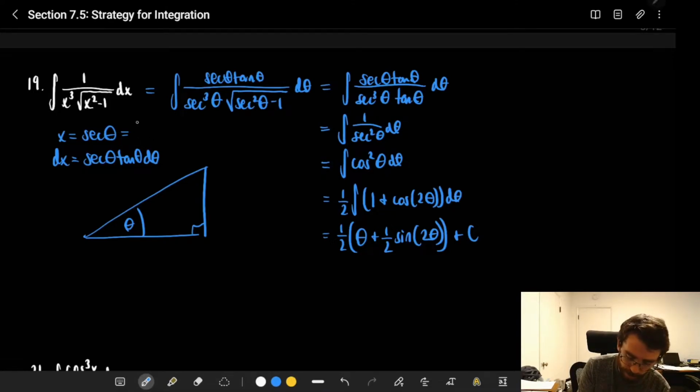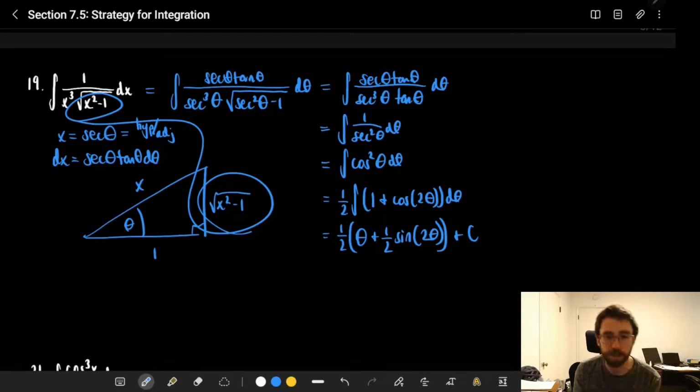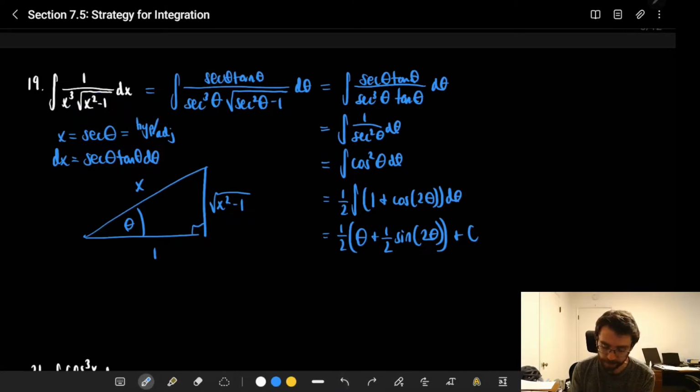So this should be the reciprocal of that, hypotenuse over adjacent. Should be like x over 1, basically. So hypotenuse over adjacent. Do Pythagorean theorem, and you get that, which matches this, which is a good sanity check.